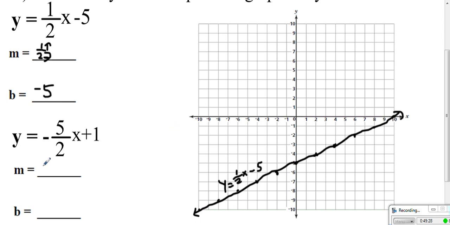For this next one, you see this negative out in front of the fraction? Well, you have to pick either the numerator or denominator to be negative. I always just slide the negative up top with the numerator. And the denominator is the opposite.